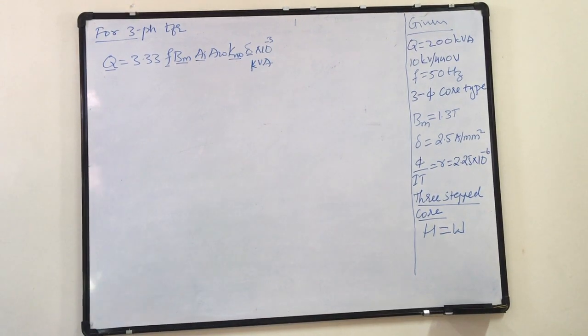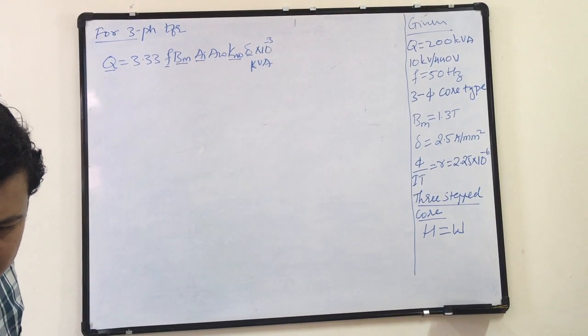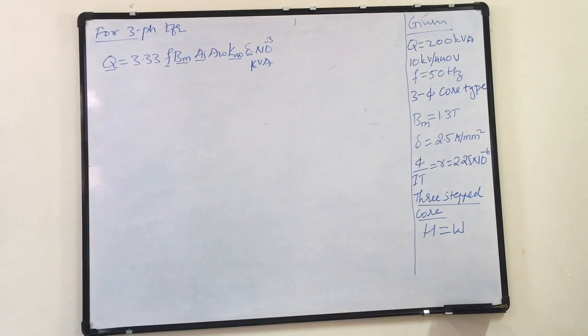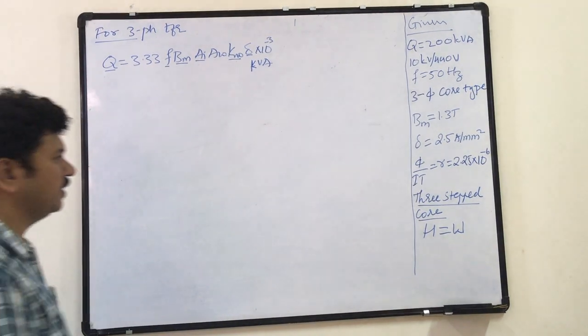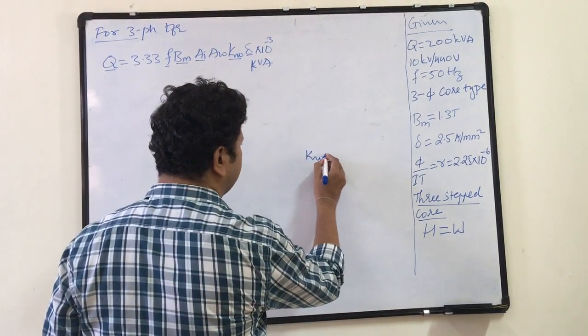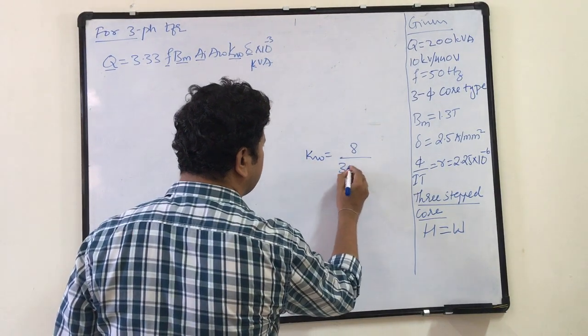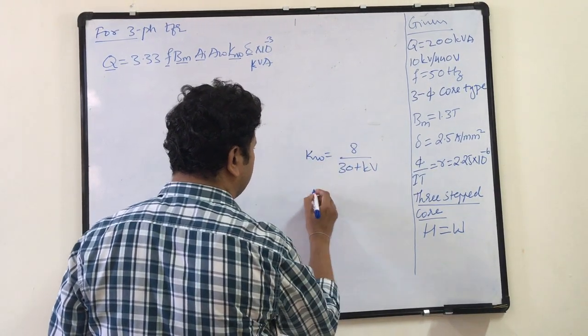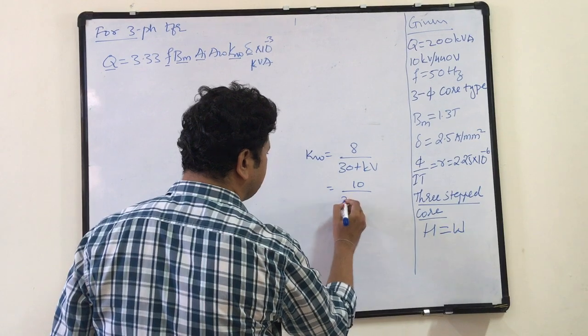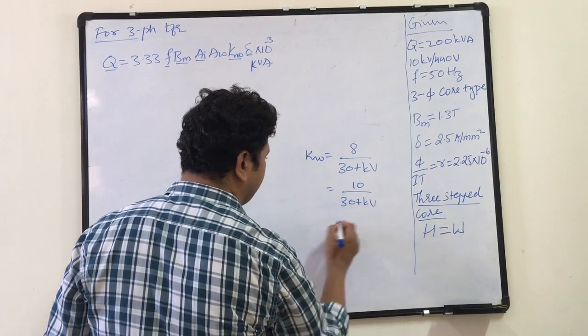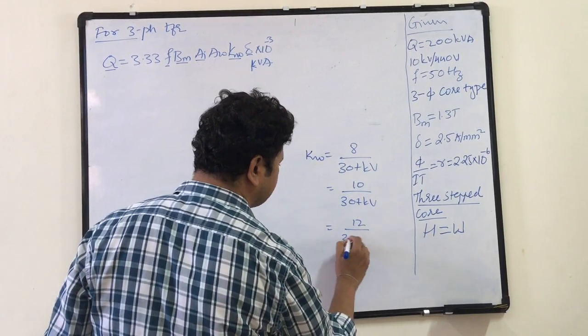So now I have to find out the value of Kw. To find the value of Kw I have the equations depending upon the output power. So I have Kw equal to 8 divided by 30 plus kV, 10 divided by 30 plus kV, and 12 divided by 30 plus kV.